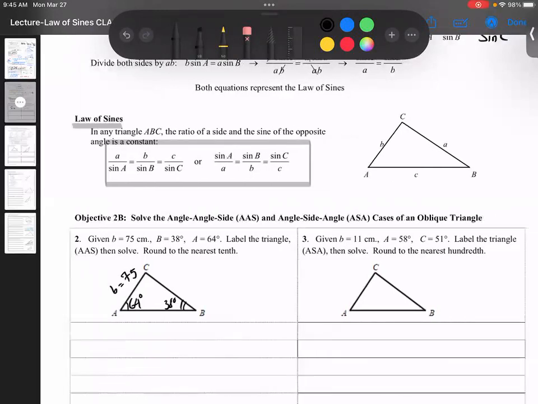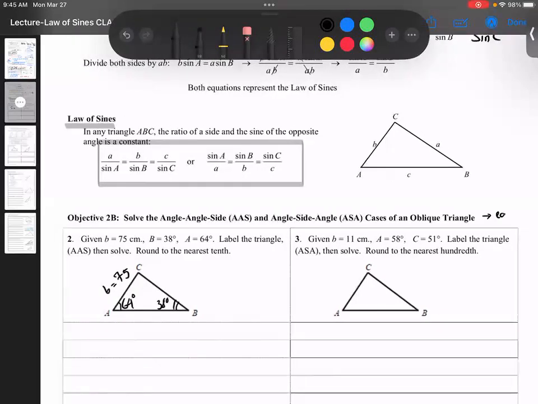By the way, these are easy, OK, because later there's a harder one. I need to figure out what is angle C and what is length a. I want to know angle C, length c, and length a. Those 3 I need to solve.